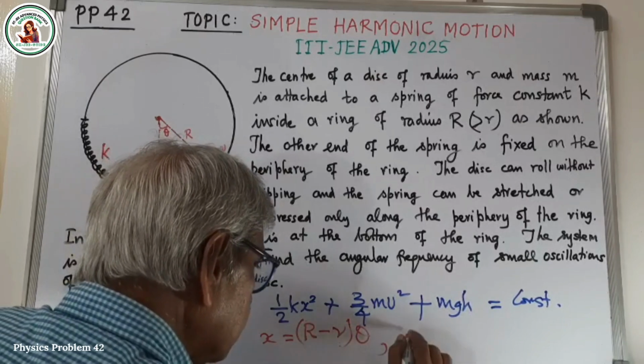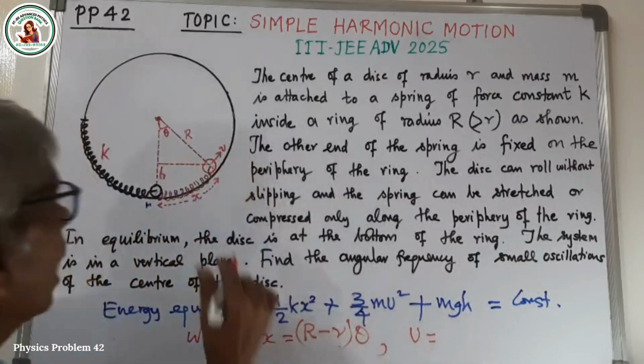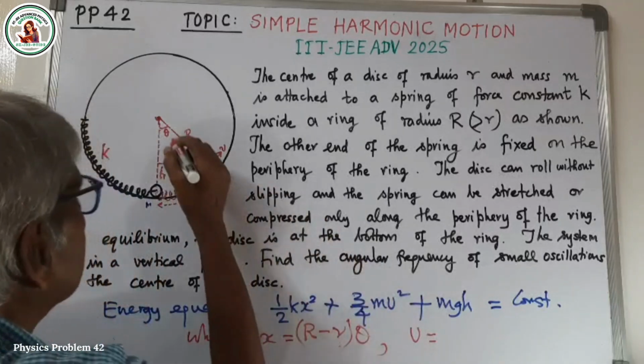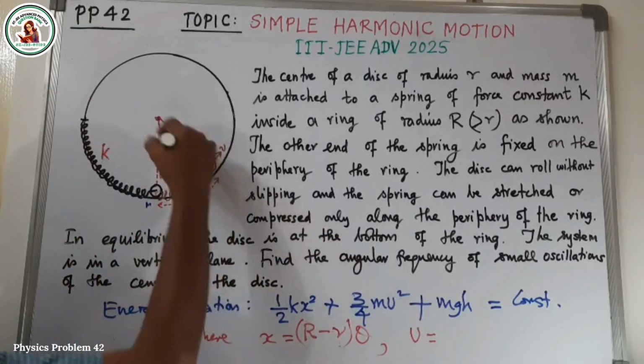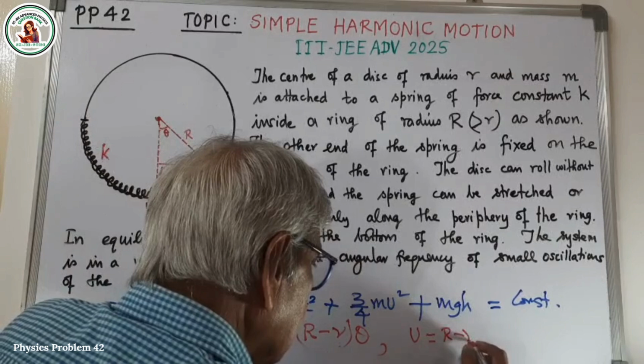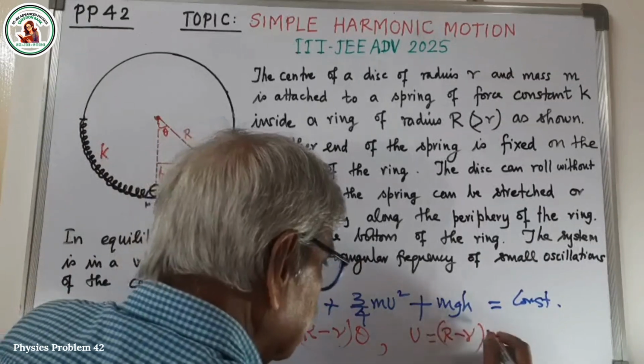V is equal to R theta dot, where omega is equal to theta dot, d theta by dt. So it is capital R minus small r, times theta dot, because the effective radius is R minus r.